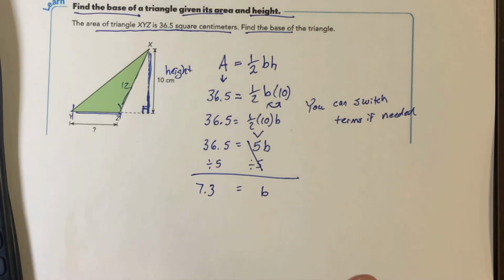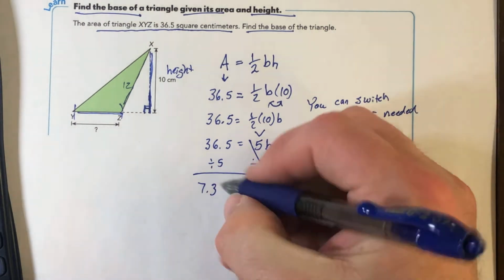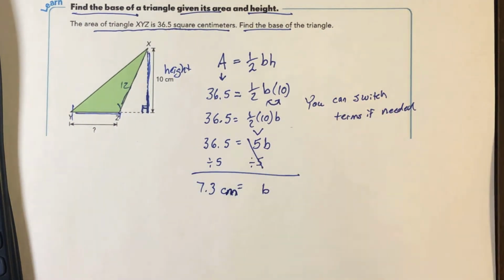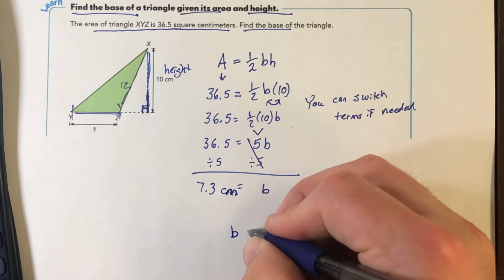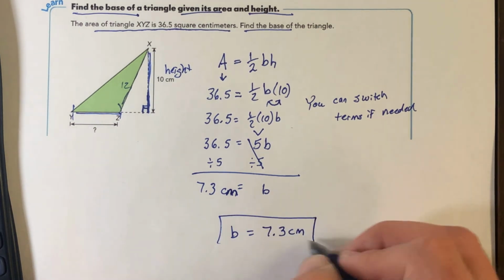7.3 what? I'm finding a distance. I'm finding how big the base is. It will be simply centimeters. So our base is equal to 7.3 centimeters.